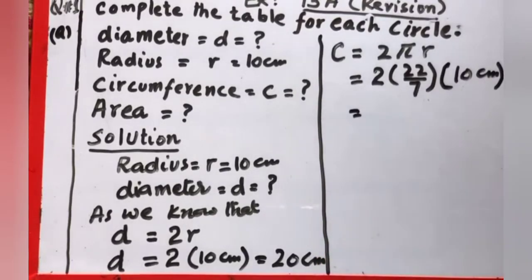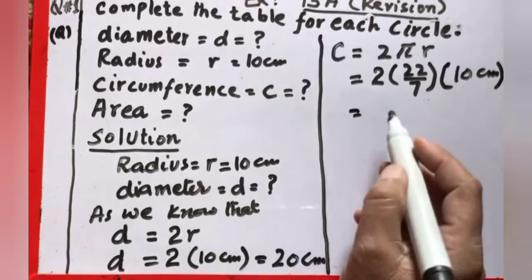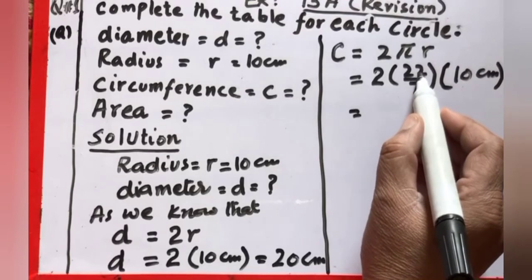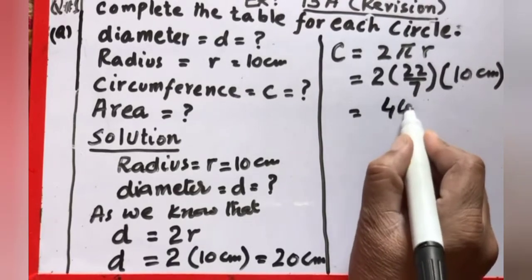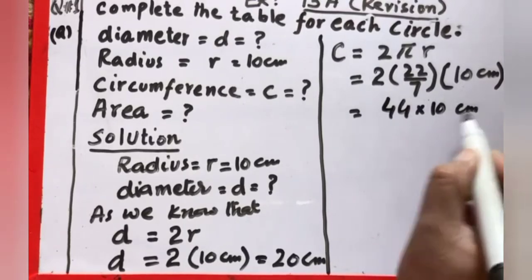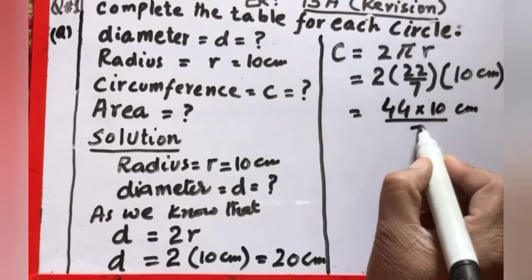Now we will simplify and find the circumference easily. By multiplying 2 by 22, we have 44, multiplied by 10, and in the denominator we have 7.